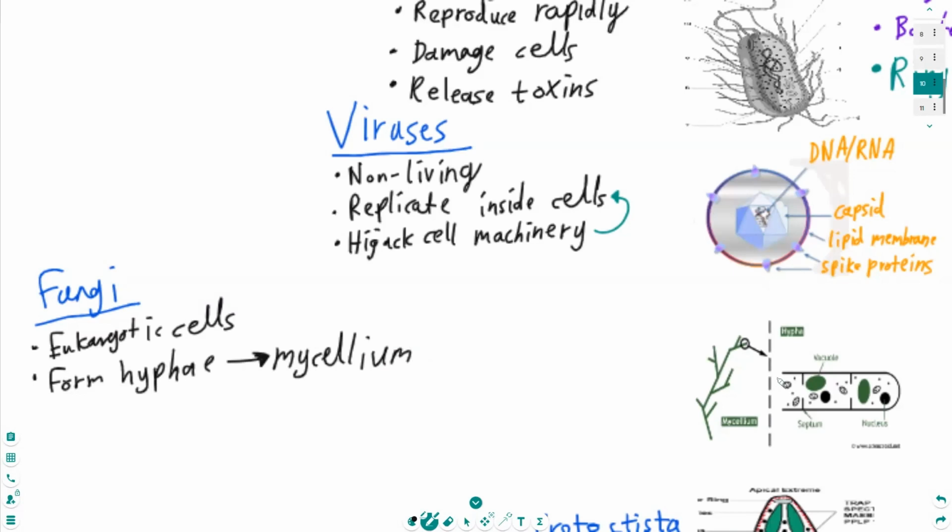So here you have a hyphae, and this is a single hypha, and then multiple hyphae would come together to form a mycelium. And this can send out reproductive hyphae, and this produces spores.